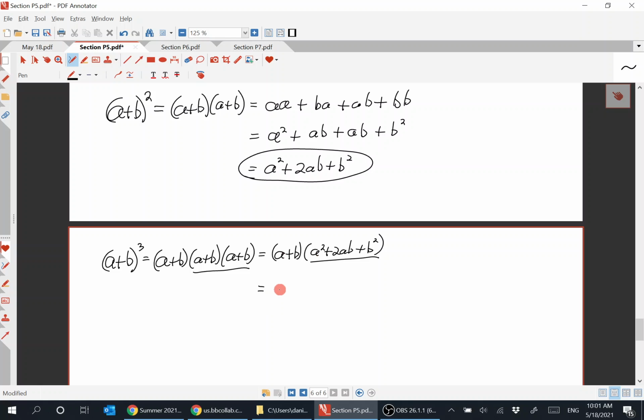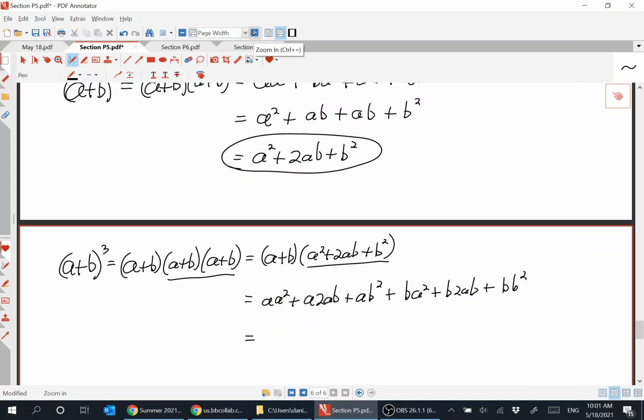So this is a times a squared, which is a to the third. So I'll write out the whole thing. So a to the third plus a times ab plus ab squared plus ba squared plus b times ab plus b times b squared. What's this? How does that simplify?